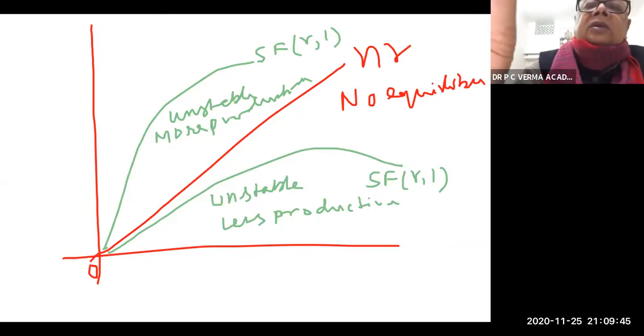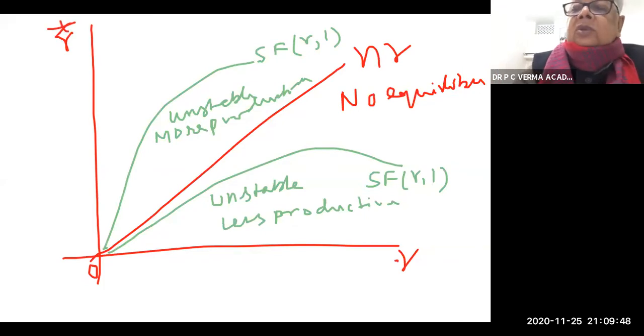This is R, this is R star, no equilibrium.